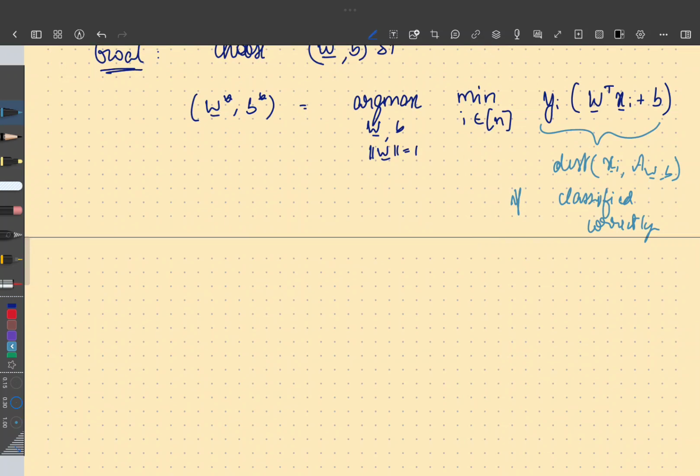So it's equal to the distance if it's classified correctly, otherwise it's equal to the negative distance.